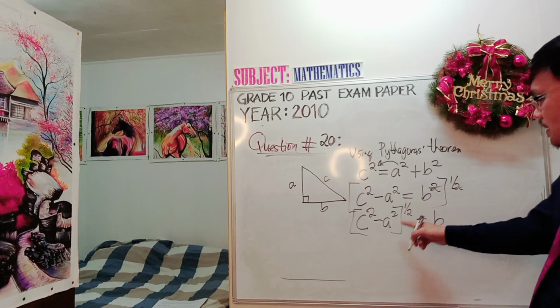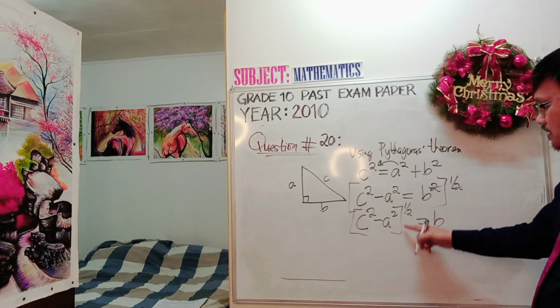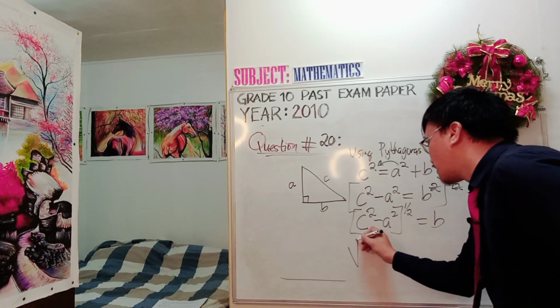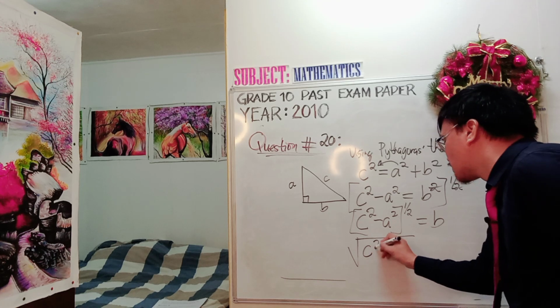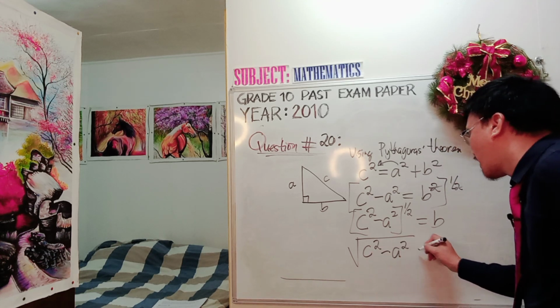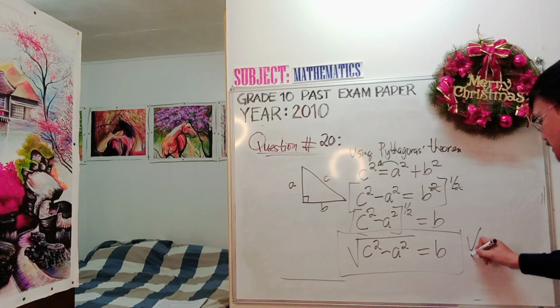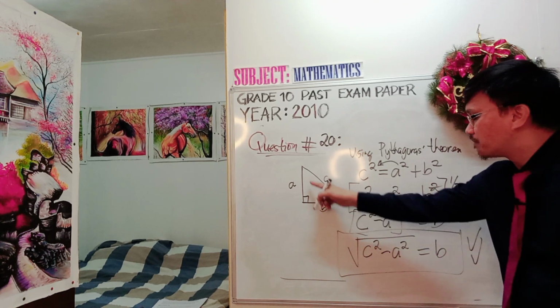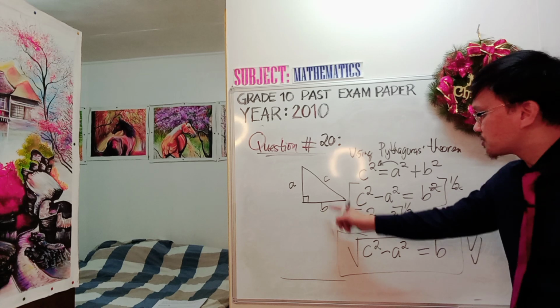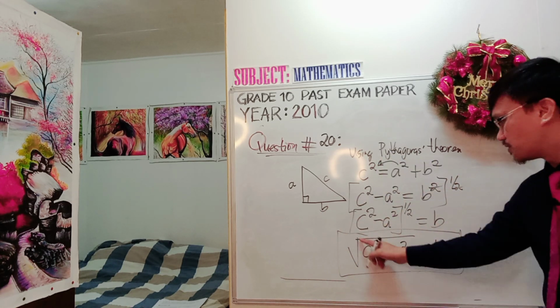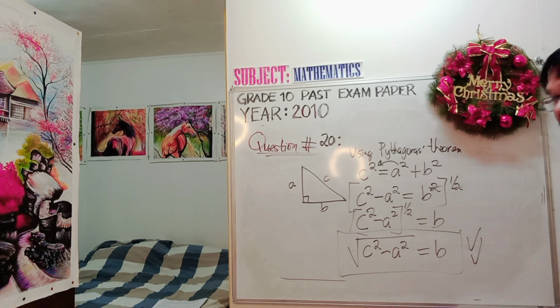Now take note, an expression that is raised to the power of 1/2 means it is a square root. So the square root of c square minus a square equals b, and therefore the expression to find the value of b in this right angle triangle using the Pythagoras theorem is b is equal to the square root of c square minus a square.